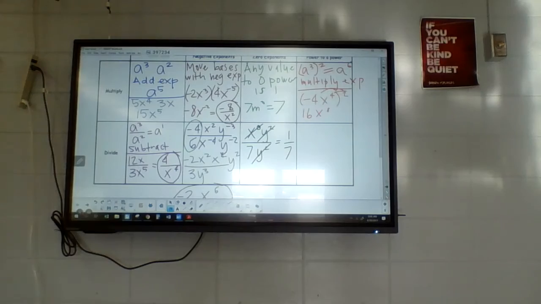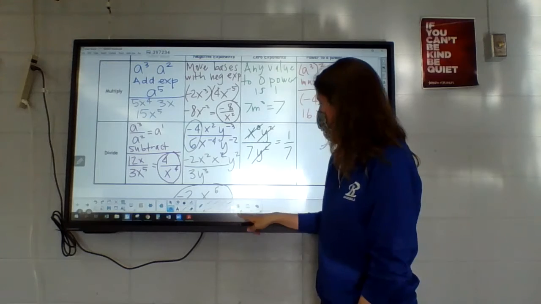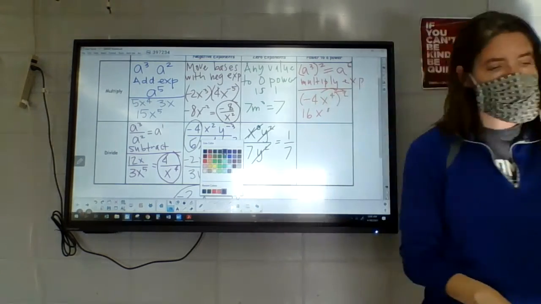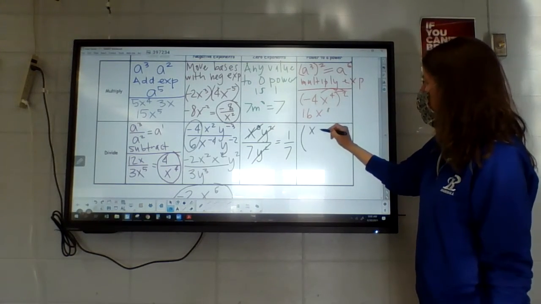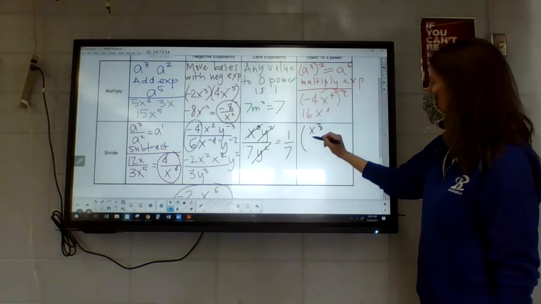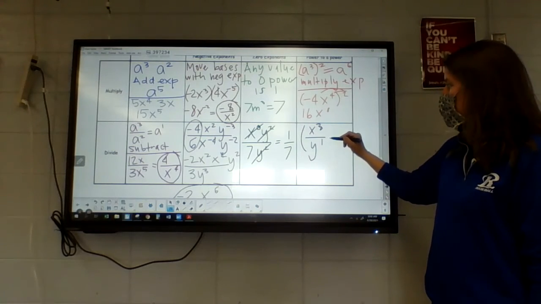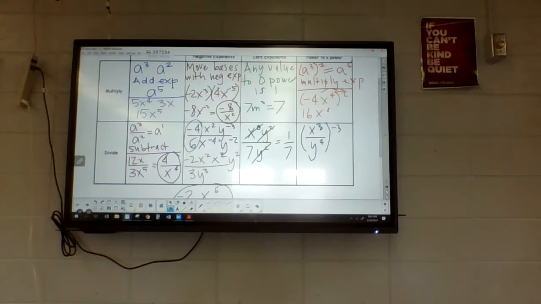And then finally, with the fraction and kind of adding to that, let me show you guys one more with this. So in this case, power to a power, we have to multiply that exponent in.